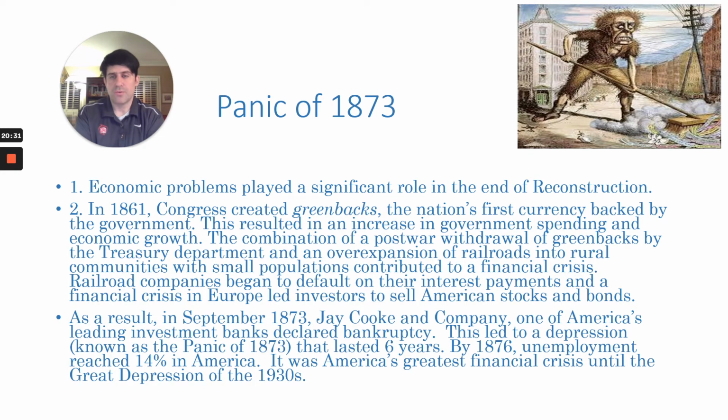This leads to a depression that ultimately lasts 6 years, and at its peak, midway through that stretch in 1876, unemployment reached 14% in America. That was America's greatest financial crisis until the Great Depression of the 1930s, which we will discuss in much greater detail later in this semester.